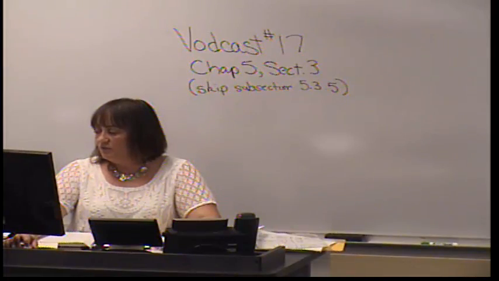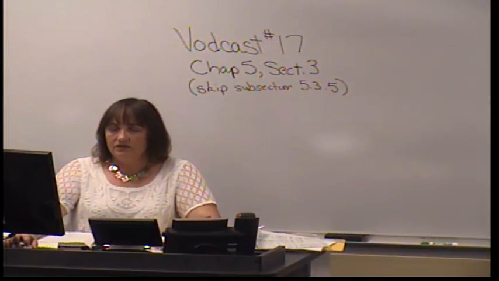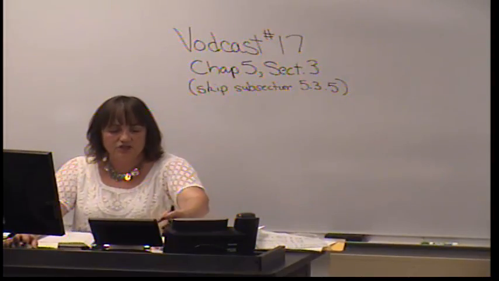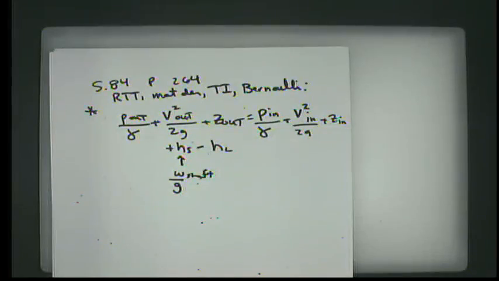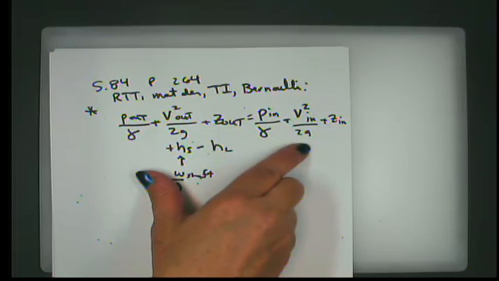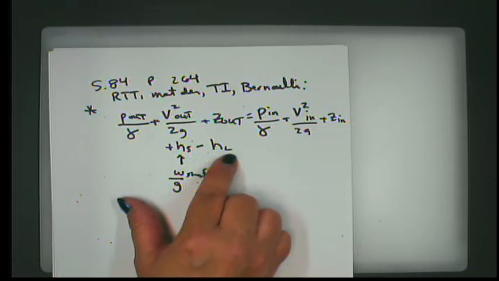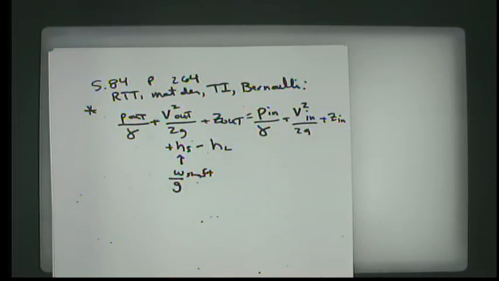So the equation that we came up with, 5.84, is a highly adaptive, and in one way you can look at it as just being an adaptation of the Bernoulli equation. You could say, okay, well, here's my energy that went out, here's my energy that went in, and if there's any changes, it either had to be added or lost from that system.